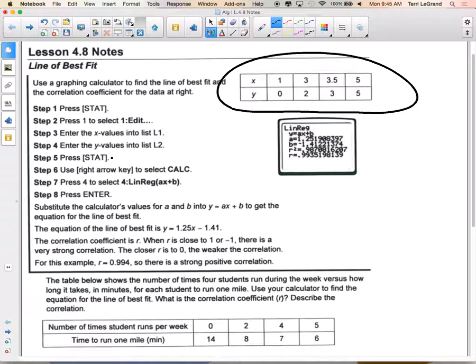Calc. 4. Enter. There it is. You don't have the R's? Okay, we'll get the R's set up for you then. It's alphabetical, so you're going to arrow down.